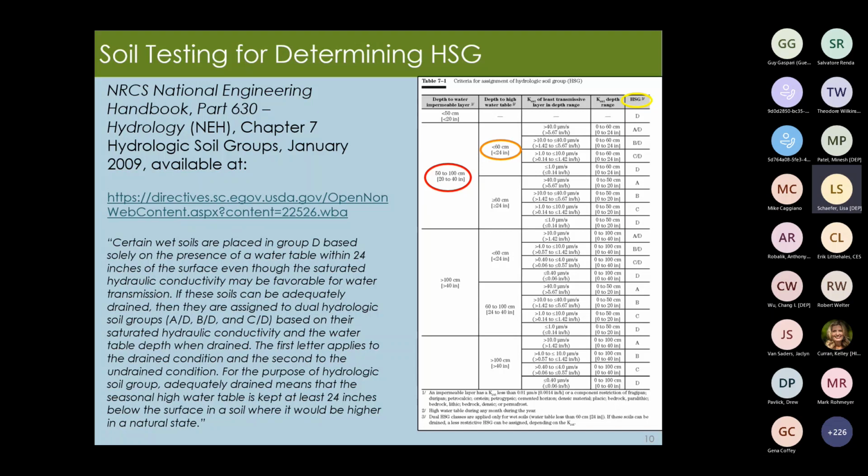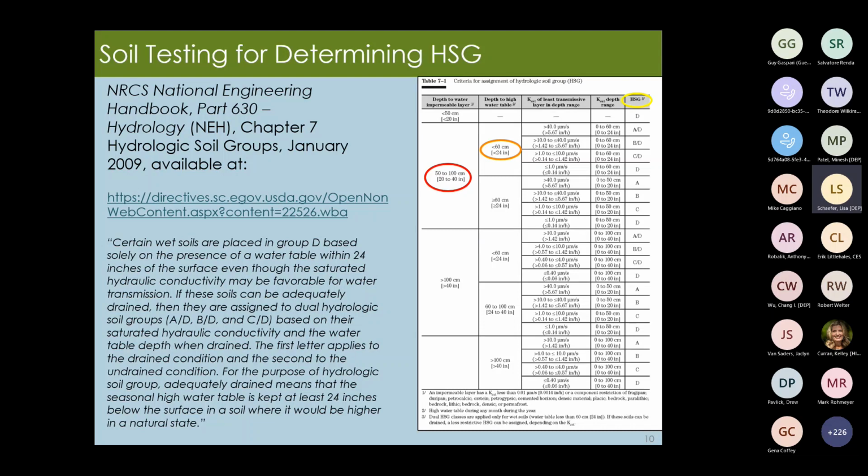Now, I do have to read to you a certain part from Chapter 7. Certain wet soils are placed in Group D based solely on the presence of a water table within 24 inches of the surface, even though saturated hydraulic conductivity may be favorable for water transmission. If these soils can be adequately drained, then they are assigned to dual hydrologic soil groups, A/D, B/D, and C/D based on their saturated hydraulic conductivity and the water table depth when drained.